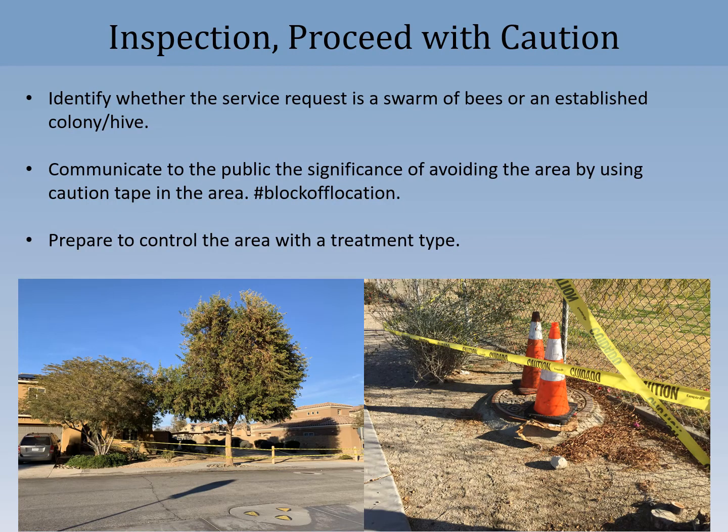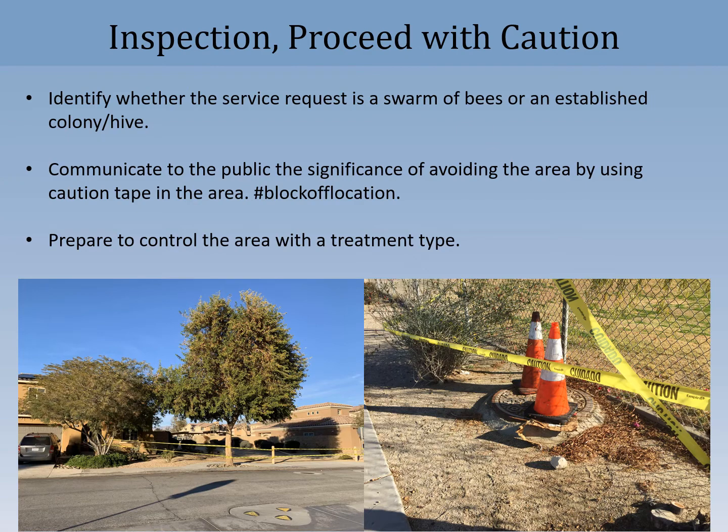When we've responded to colonies that are in public areas such as a park or a school, we will use caution tape and maybe some cones to block the area off to keep pedestrians from wandering too close to the beehive so they don't get stung.